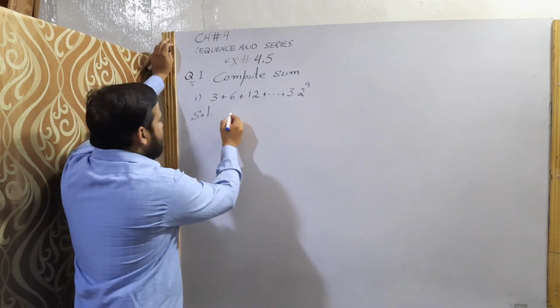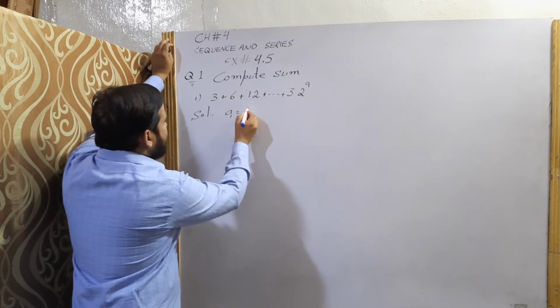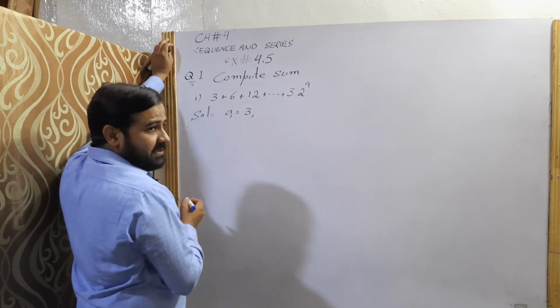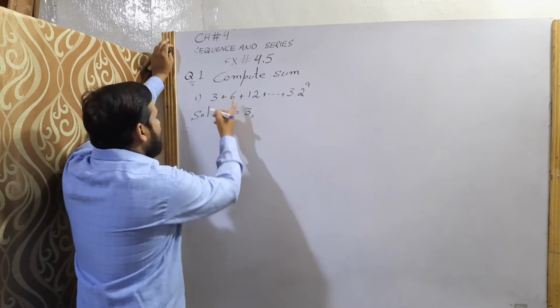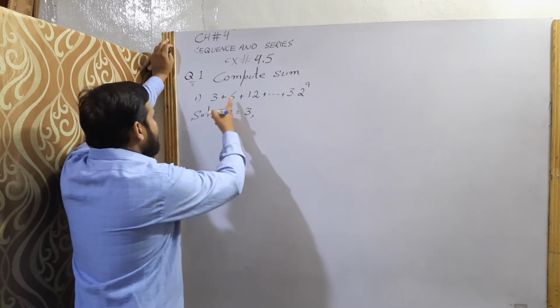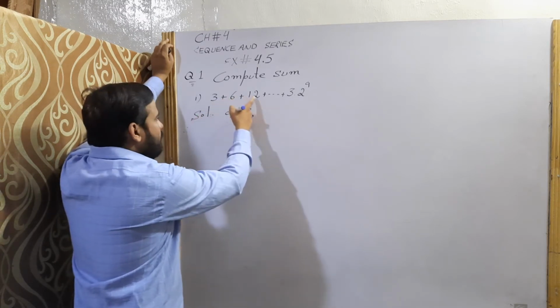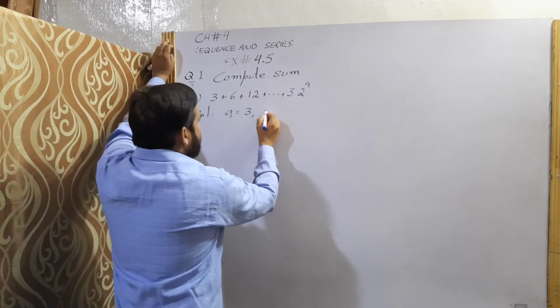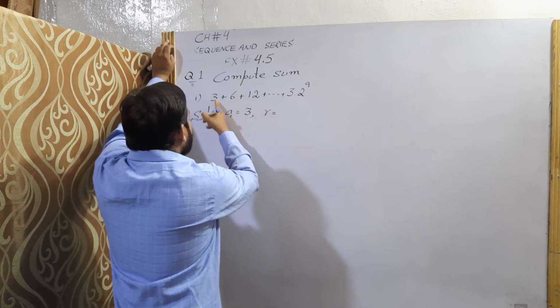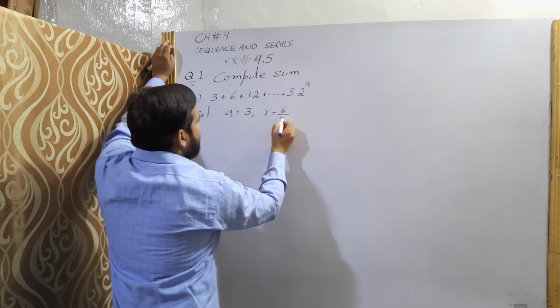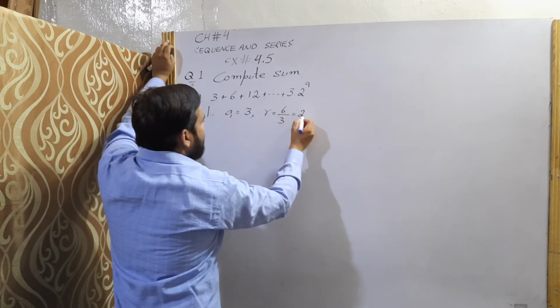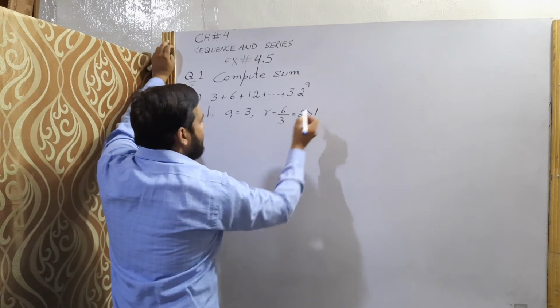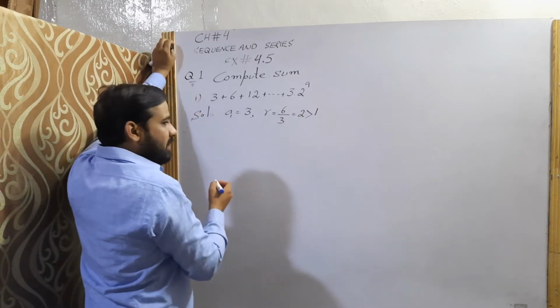In this case, the first term is 3. It is a geometric series because the common ratio in this case is 2, because 6 divided by 3 is 2, 12 divided by 6 is 2. The common ratio is second term divided by first term, which is equal to 2, and 2 is greater than 1, because we have two cases.